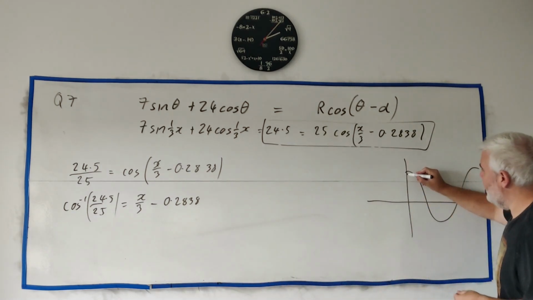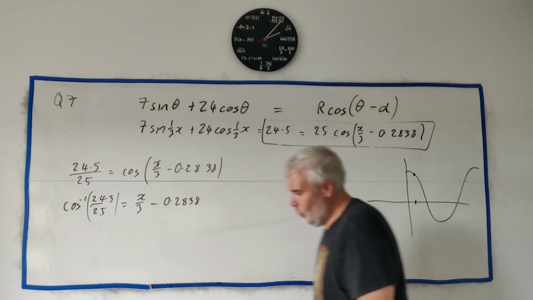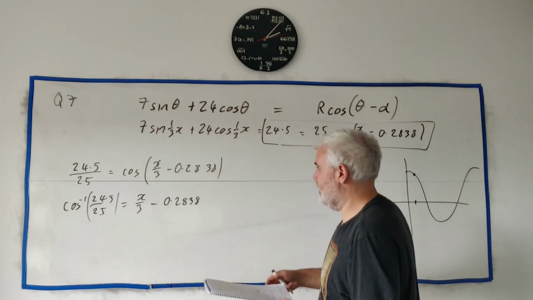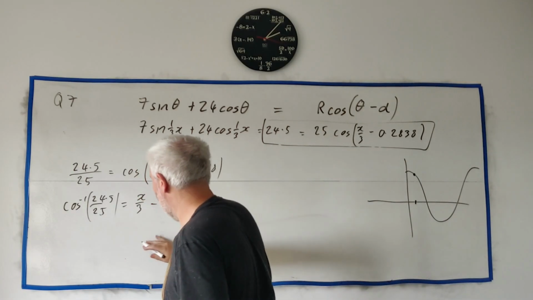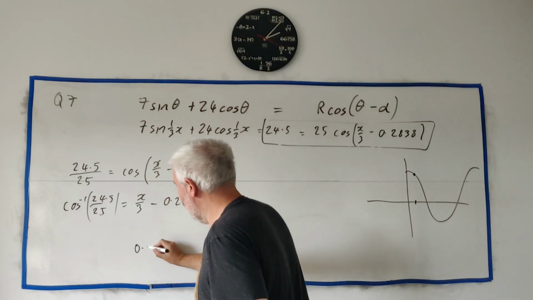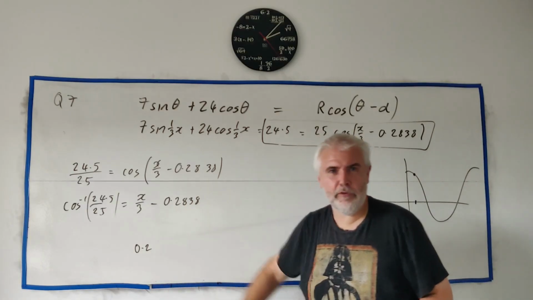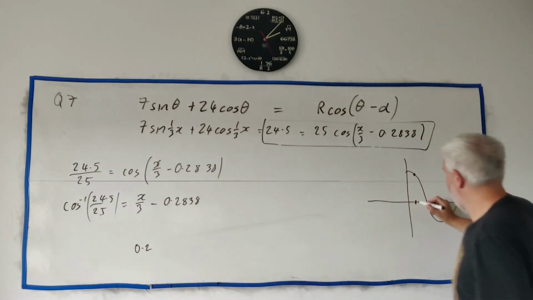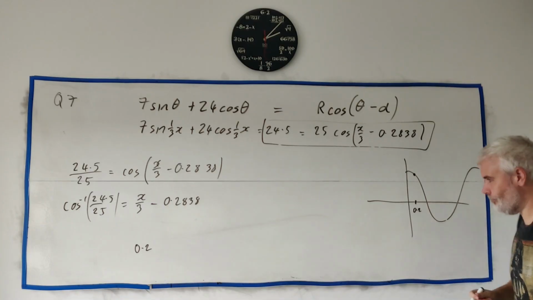It's all the way up here. You've asked your calculator to find this point here, and it will give you this answer. It'll give you 0.2. I think it's 0.2000 something. Definitely rounds off to 0.2. That's 0.2 in radians.